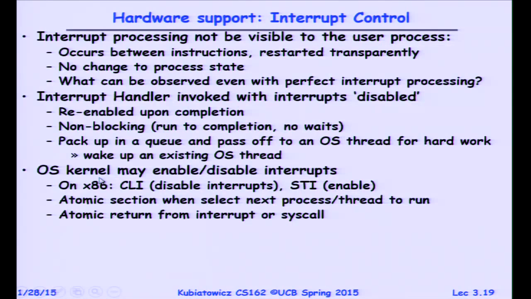Why is that? Yeah, if you disable interrupts, you could turn off the timer and get to run forever. What else could you do if you disable interrupts? You could lose data.